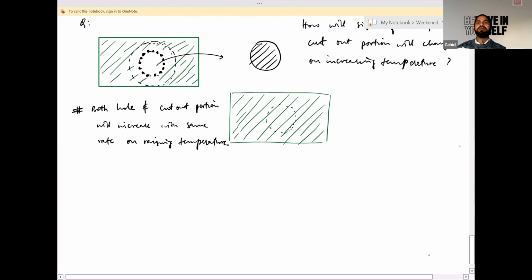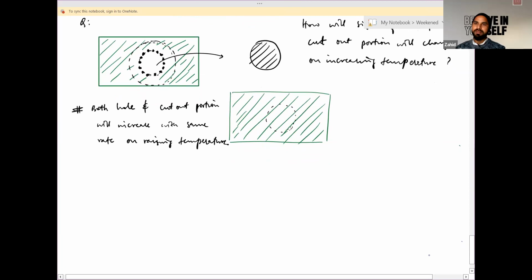Now the next question will be the relation between alpha and beta.